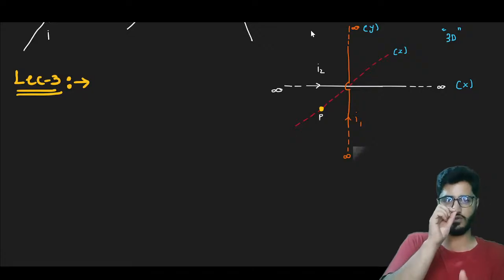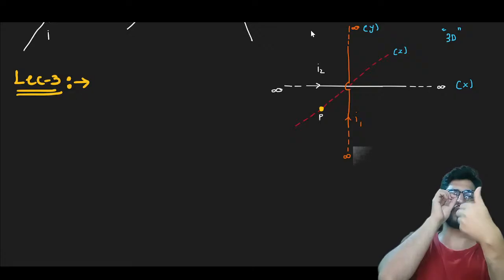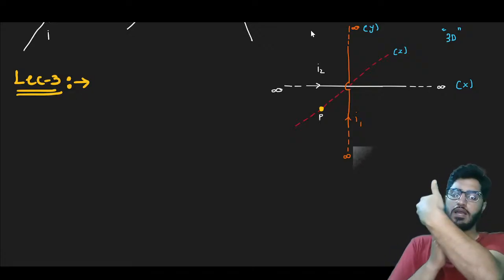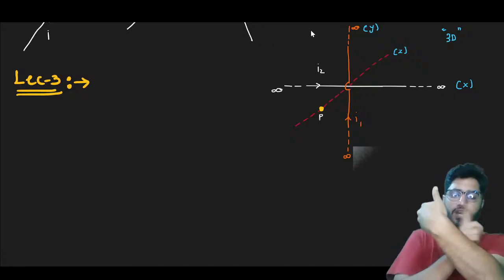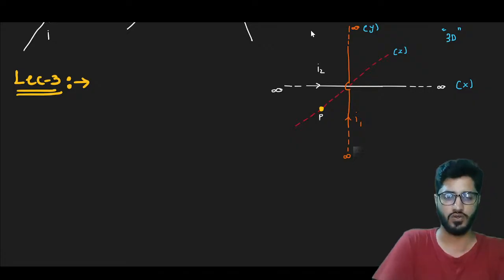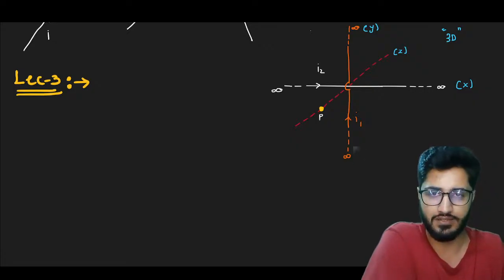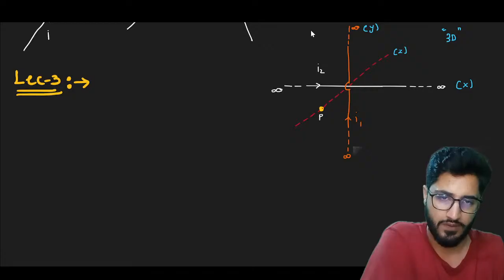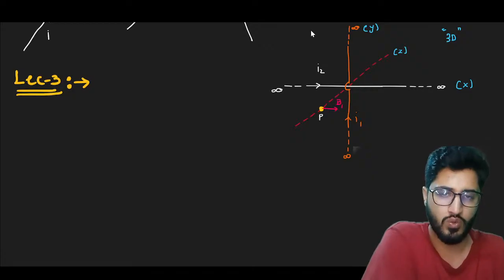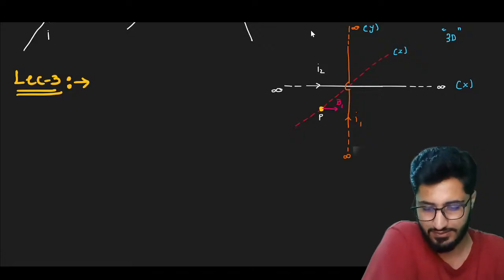Current is going in this way, and my point is here, so I need to curl like this. My palm is towards the right x-axis. So B1, the magnetic field due to the I1 current, would be along the right x-axis.